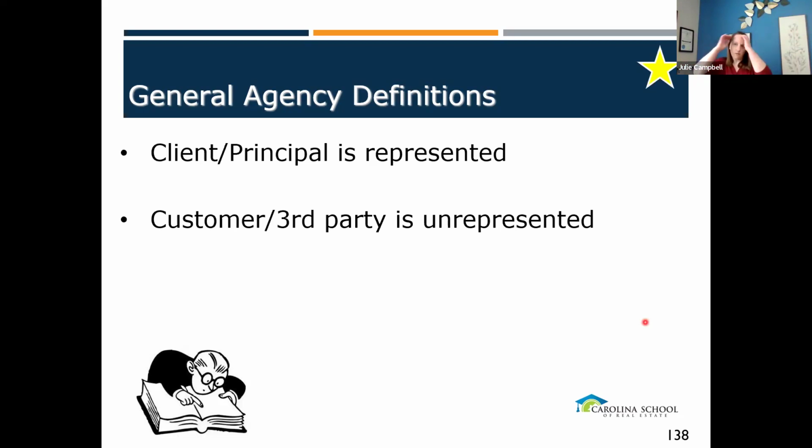When we talk about being represented or unrepresented, I think the best way to envision this is if we ever have to go stand in front of a judge. If you're represented, you have hired an attorney and that attorney is standing next to you.